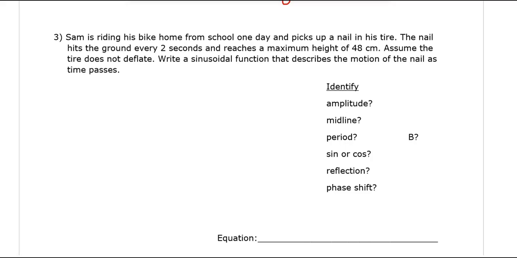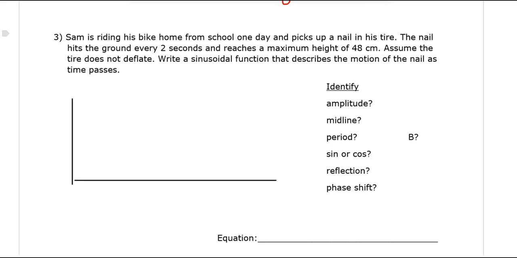All right, so let's kind of consider what this is saying here. Let's draw a picture. So basically what's happening is if that nail is going to hit the ground every 2 seconds, right?